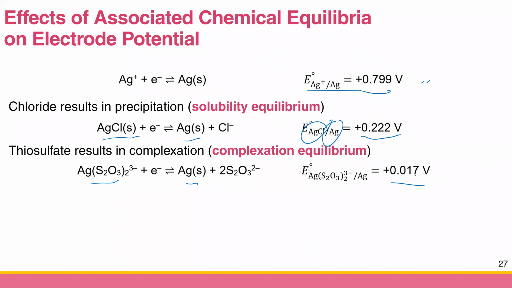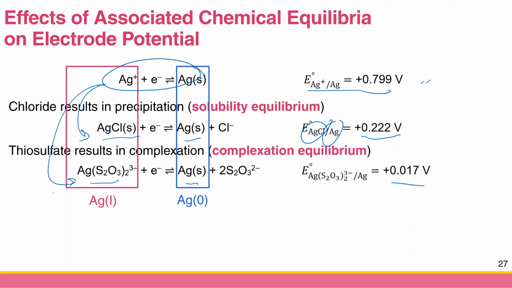But it turns out that you can start from the most basic one and use it to derive the standard electrode potential of these two reactions. You can do that because silver plus has the oxidation number of +1, and silver has the oxidation number of 0. For the second reaction, silver chloride, silver has the oxidation number of +1 too, and the product is also silver solid, so the oxidation number is 0.